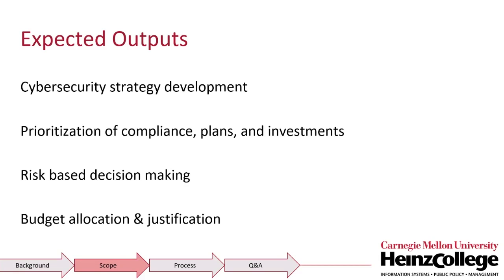And all this within a foundation of risk-based decision-making. All in all, giving CISOs a tool for budget allocation and justification, helping them decide which set of controls to implement that, given a certain budget, will provide them the least residual risk. Thus, giving them the ability to justify their budget to upper management.